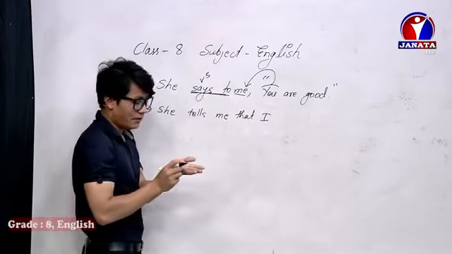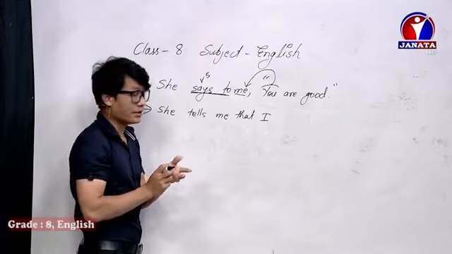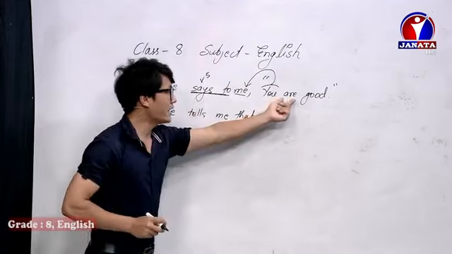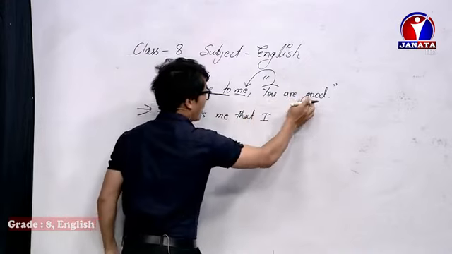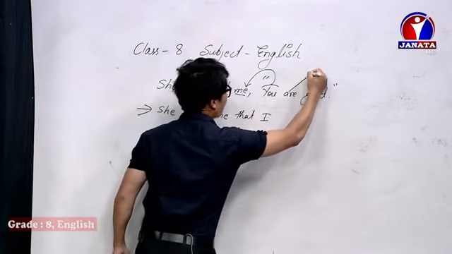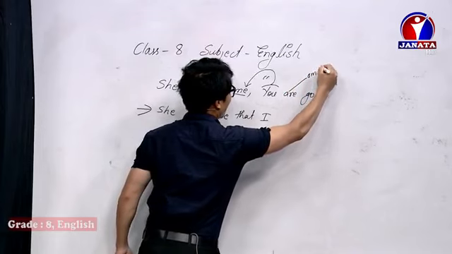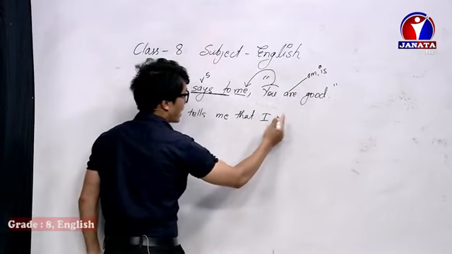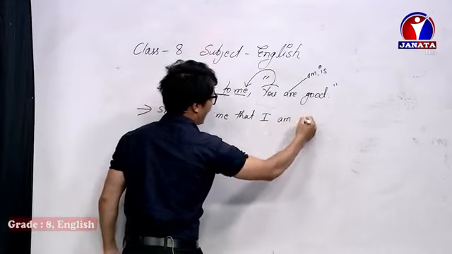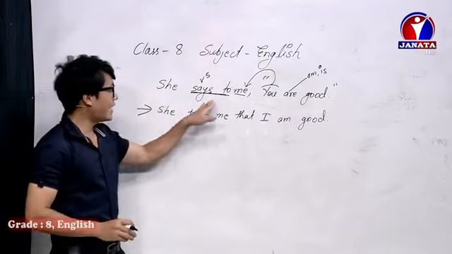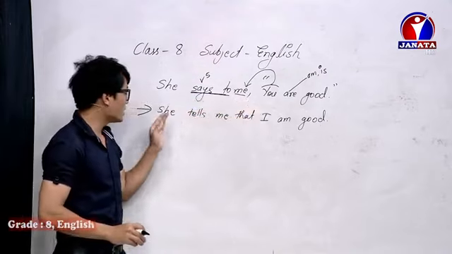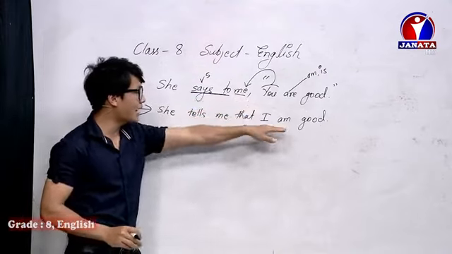When there is a simple present and a simple future in reporting, then the tense of reported is not changed. So, you are good. So, when there is are, obviously there is a hidden am. So, I take am. So, I am good. She says to me, you are good. She tells me that I am good.